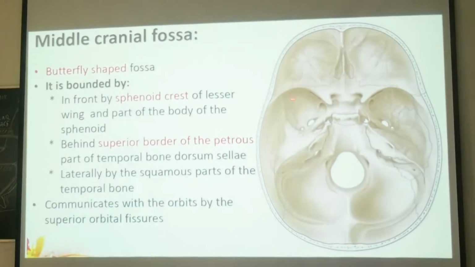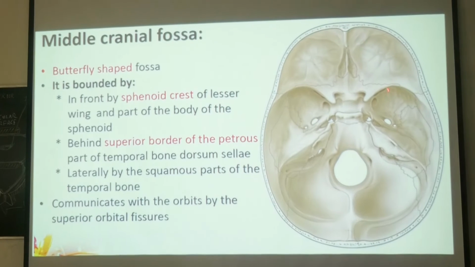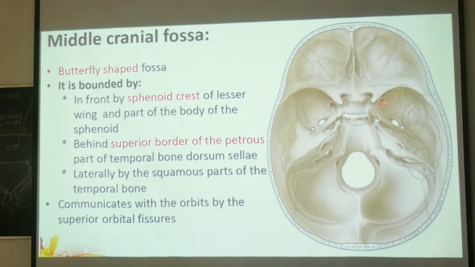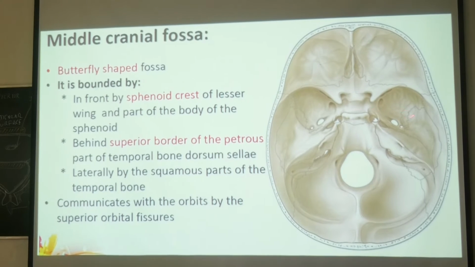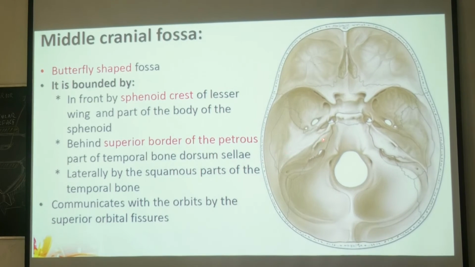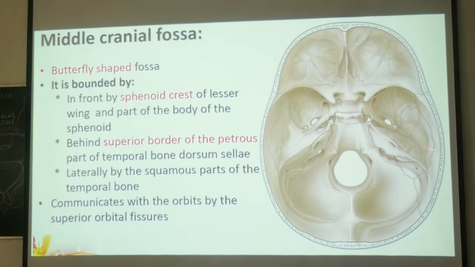Next, after the anterior cranial fossa, we are going to the middle cranial fossa. See, these parts are the middle cranial fossa. The butterfly-shaped middle part is formed mainly by the body of the sphenoid, and on the two sides by the greater wing of the sphenoid, the temporal bone, squamous part and petrous part, and the parietal bone.